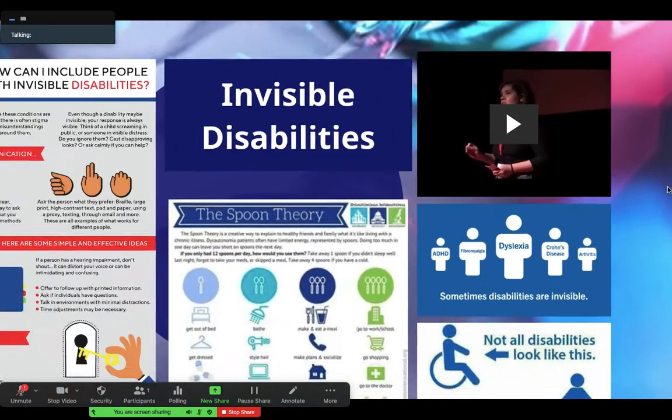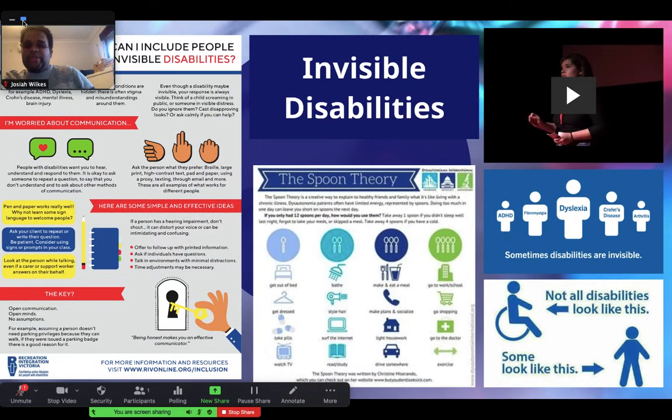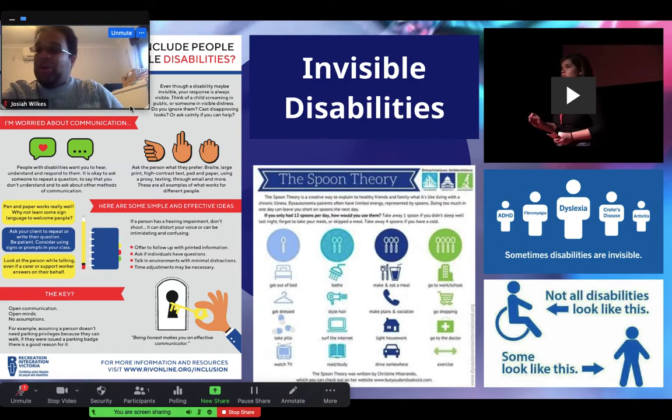Okay, so there was a lot in that video. There's a lot to unpack. As we've talked about strengths and barriers, and then what disables you and what does not, what removes the disability. One of the things that we need to understand is that disability can be invisible, and aspects of a person's disability can be invisible.